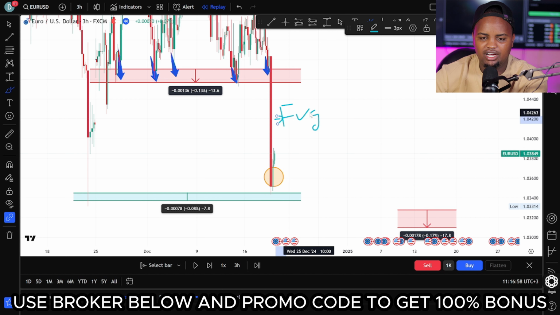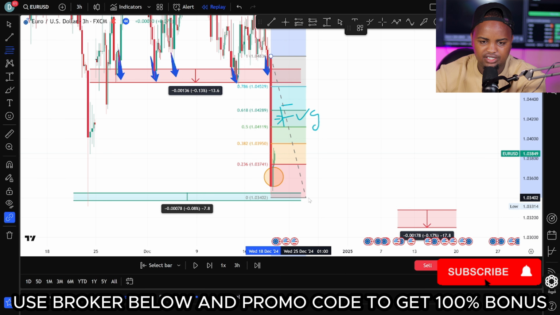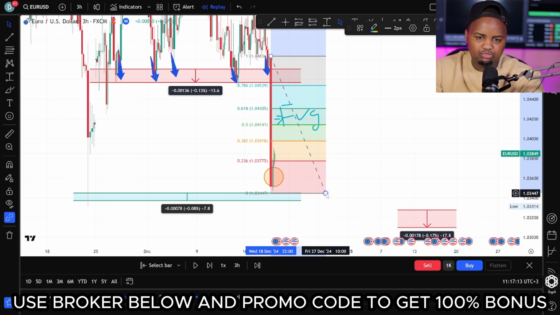And remember, for this value gap to be filled, we need to put this indicator that is called, let's put and see, the retracement. So we can put that retracement, and let's see where the market is going to be retracing from.